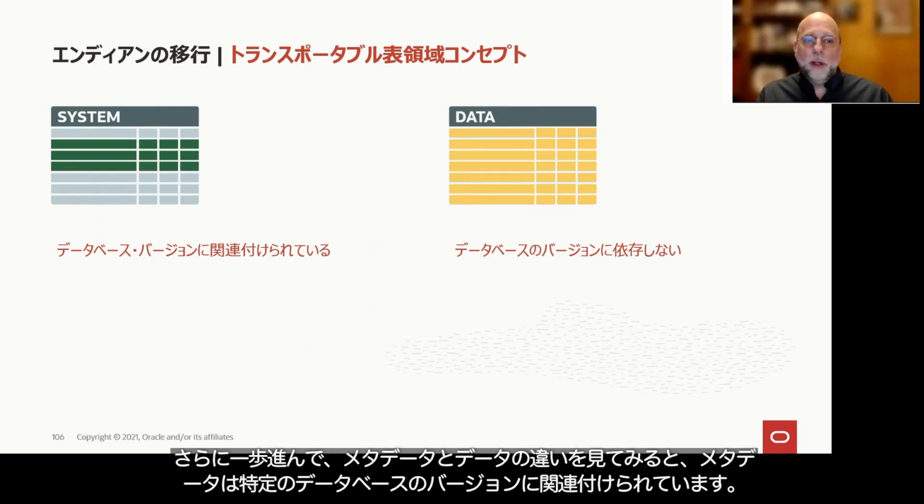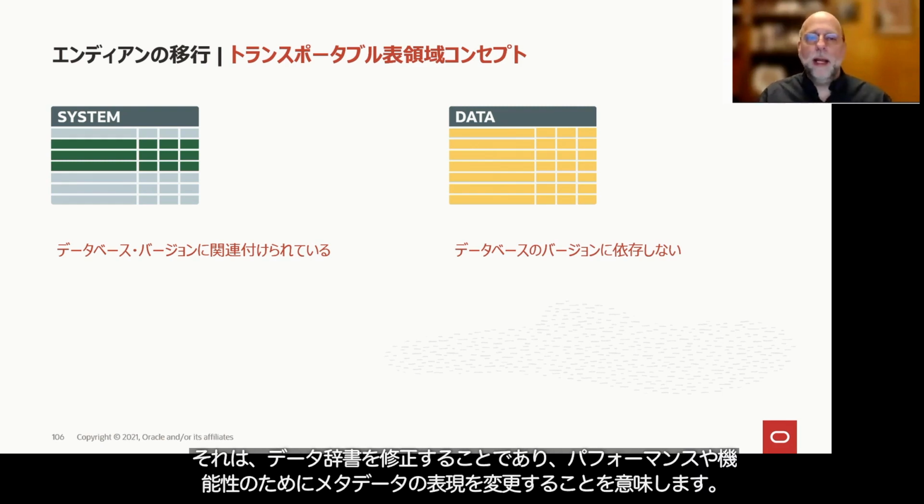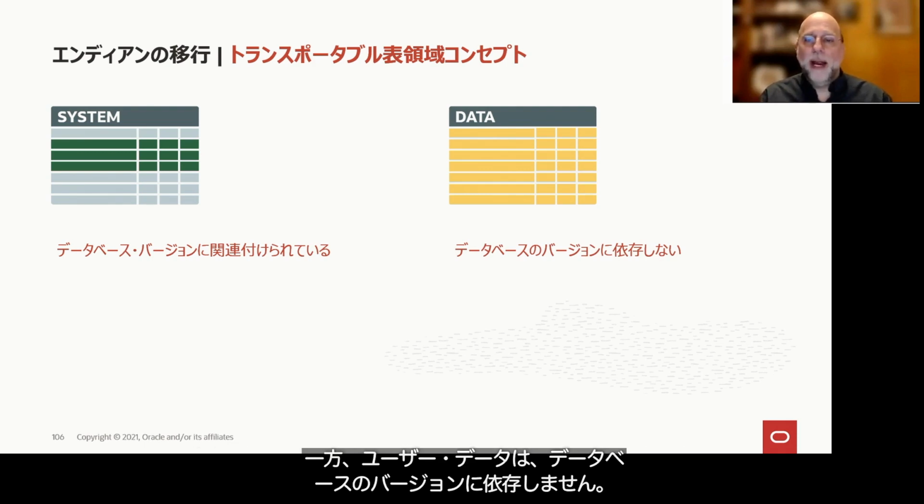So if we take this a step further and look at the differences between metadata and data, your metadata is tied to a specific database version. After all, what's upgrade doing when we go to a new database version? It's modifying the data dictionary, and that can mean changing the representation of metadata for performance or functionality purposes. Your data, on the other hand, is independent of database version.